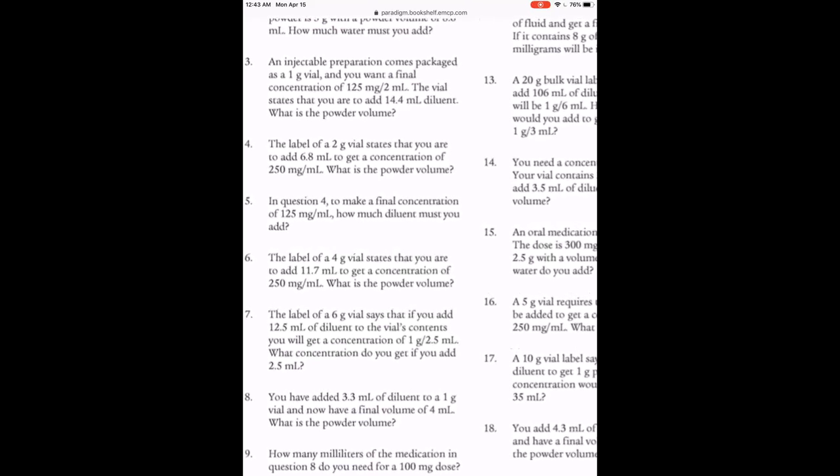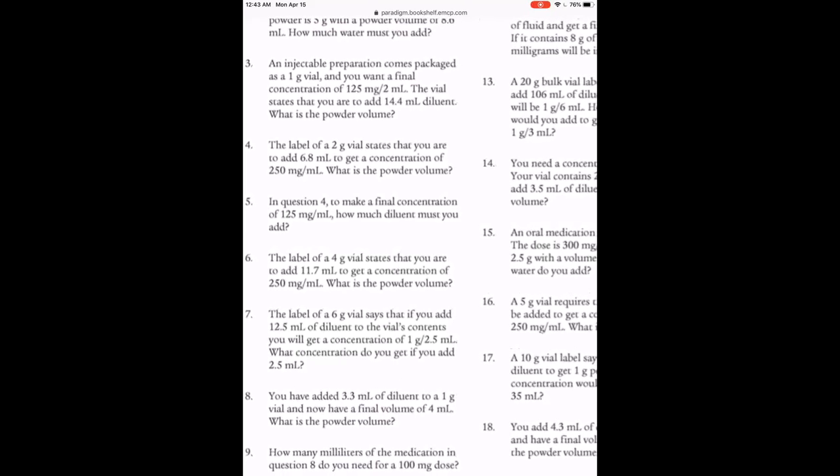We already know the powdered volume from the previous problem. So we need to find out this time the diluent and the final volume, because we changed the concentration.